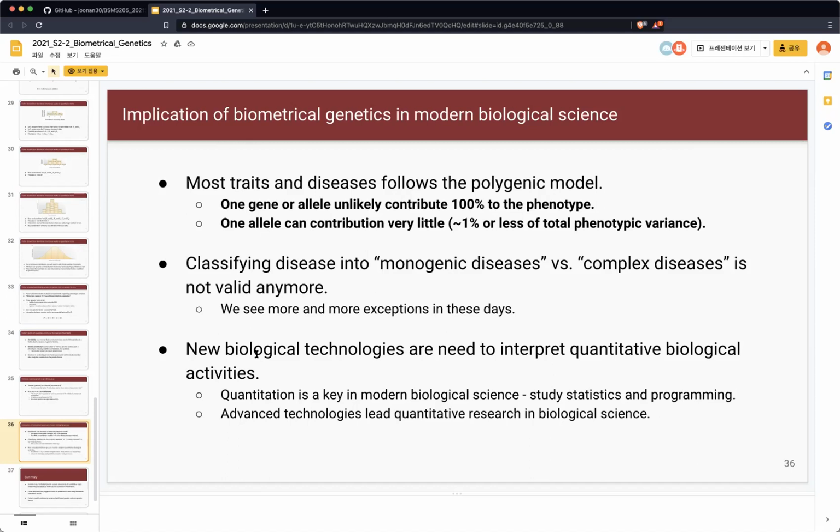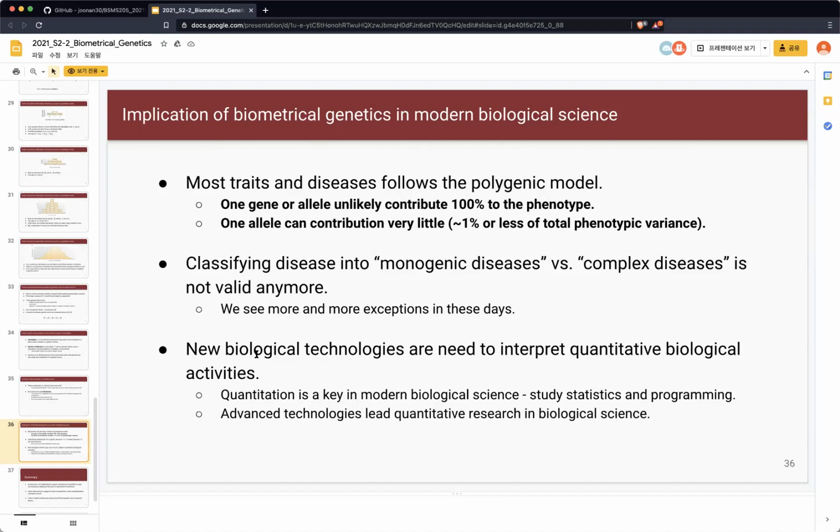But the problem is that modern biology is heavily based on molecular genetics, and molecular genetics is heavily based on the monogenic concept, right? So during your university, graduate school, or even at a fancy company, people still think from the monogenic perspective, even in medical schools and pharmacological science as well.